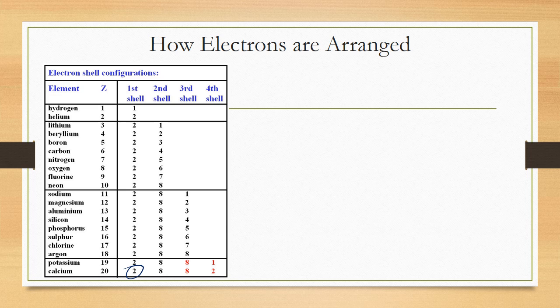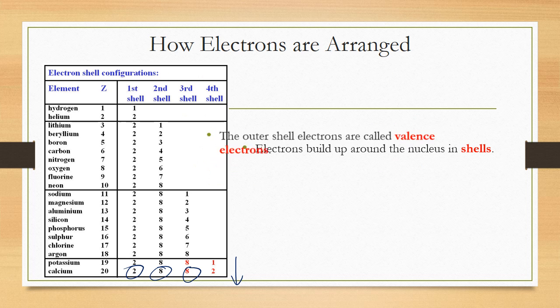There's a maximum of 8 in the second shell and a maximum of 8 in the third shell. As we go on it may not be 8, but you'll learn more about that later in chemistry. Electrons build up around the nucleus in shells, as we saw in the earlier diagram of electrons.